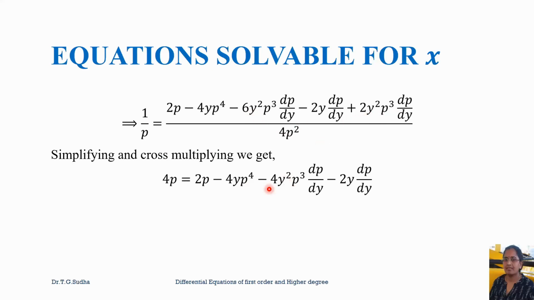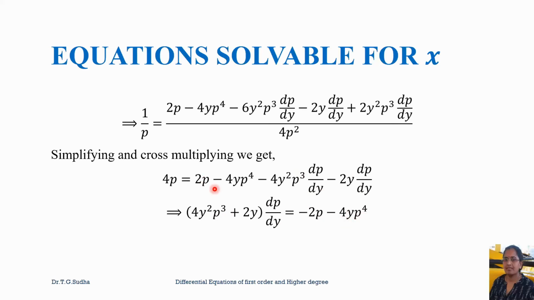So it gives us minus 4 times y square p cube into dp by dy, and this minus 2y dp by dy. Now in the next step, we collect the terms containing dp by dy. So we get 4y square p cube plus 2y into dp by dy equal to minus 2p minus 4y into p power 4.